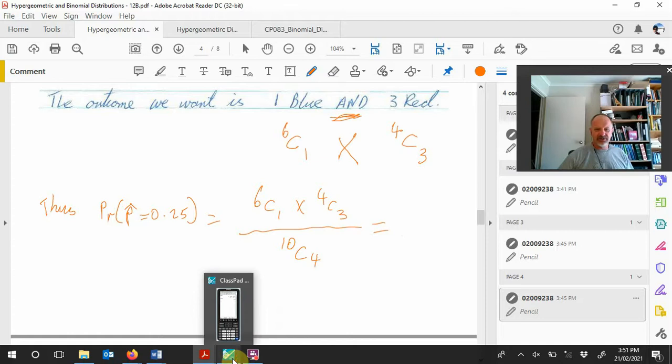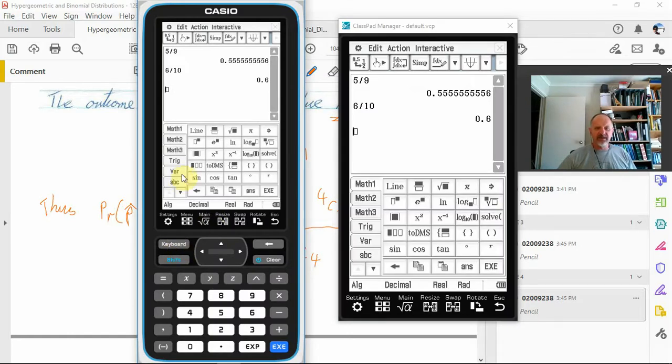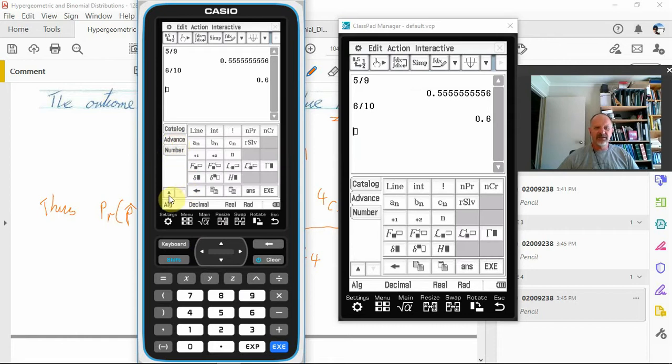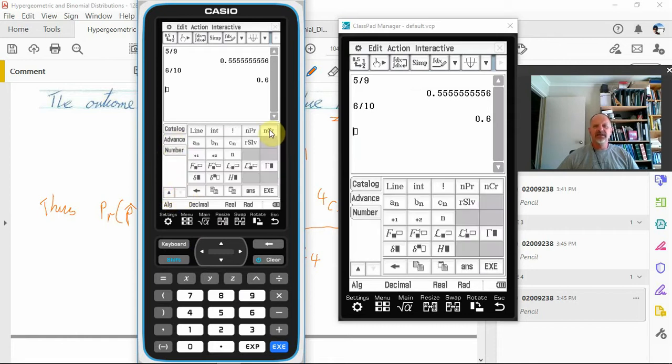I'll just remind you of the calculator. You go into the keyboard, down to advanced, NCR.